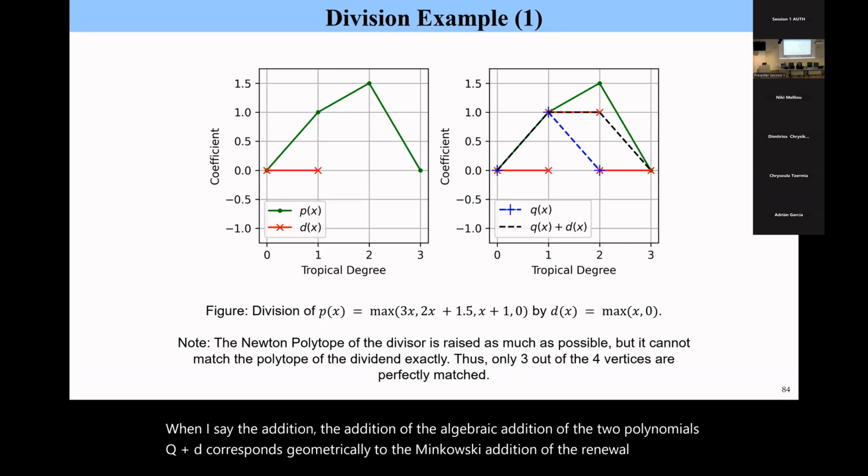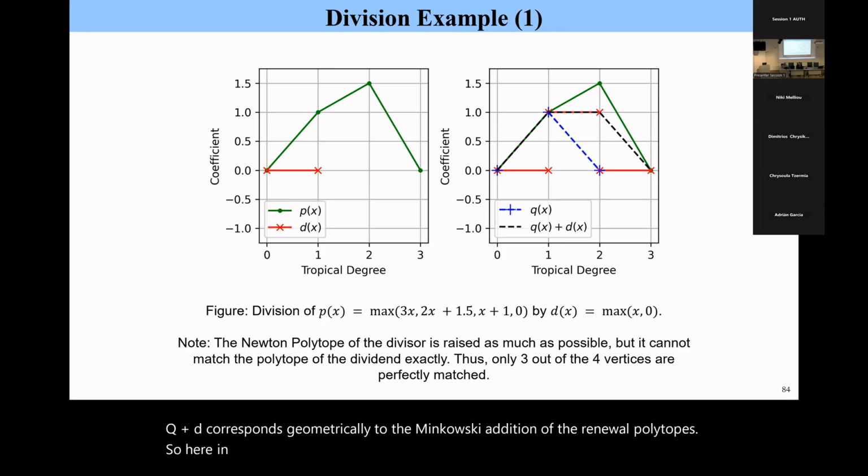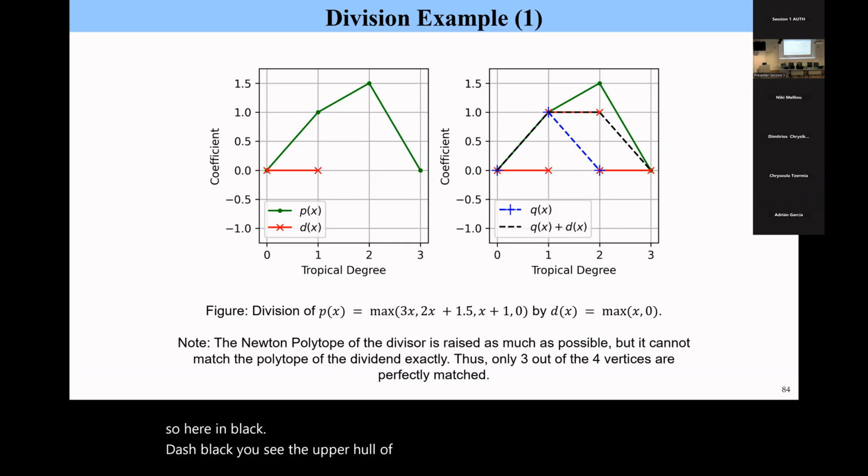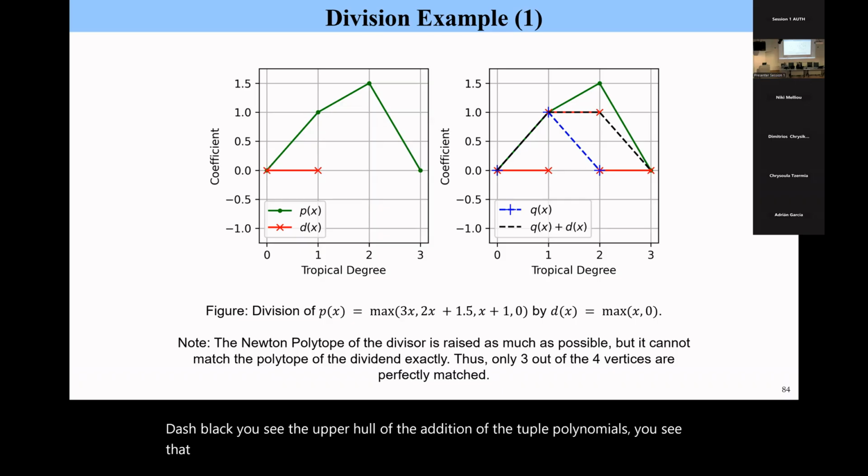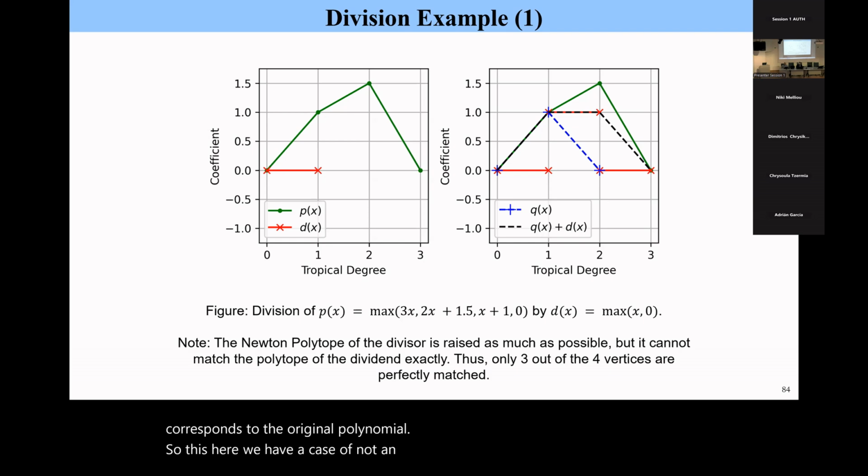So here in dashed black you see the upper hull of the addition of the two polynomials. And you see that this upper hull is smaller than the green upper hull, which corresponds to the original polynomial. So here we have a case of not an exact division.